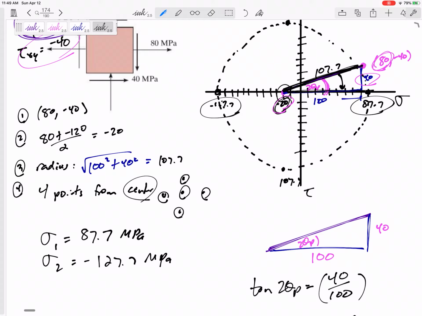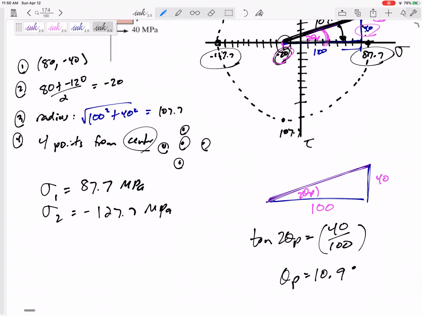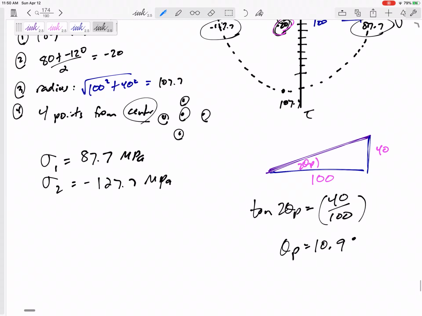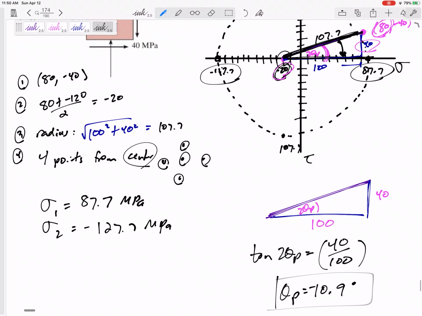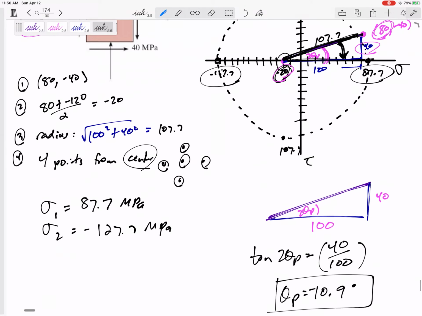I started here, and I went clockwise 21.8, but remember 2 degrees on Mohr's circle is 1 degree in real life. So this theta P is negative 10.9 degrees. Negative because in order to get to the x-axis, I went clockwise.